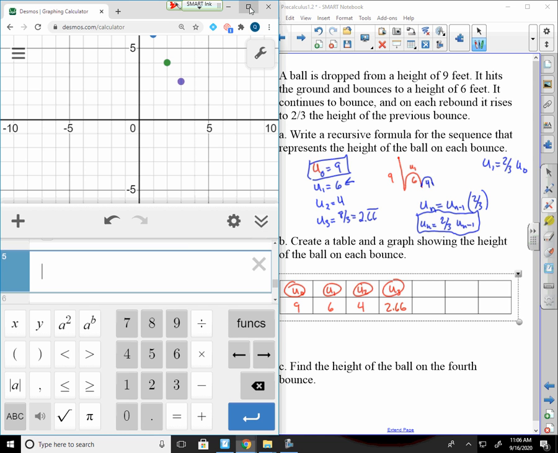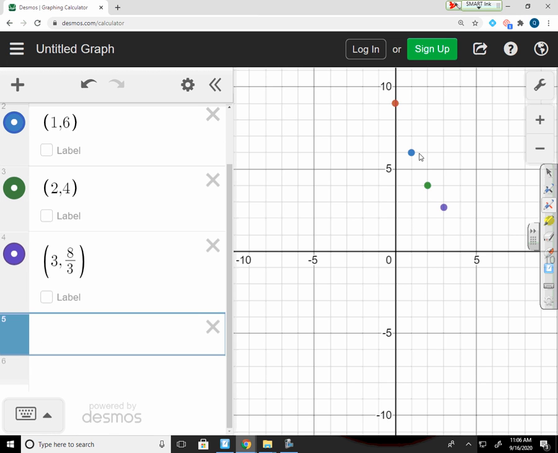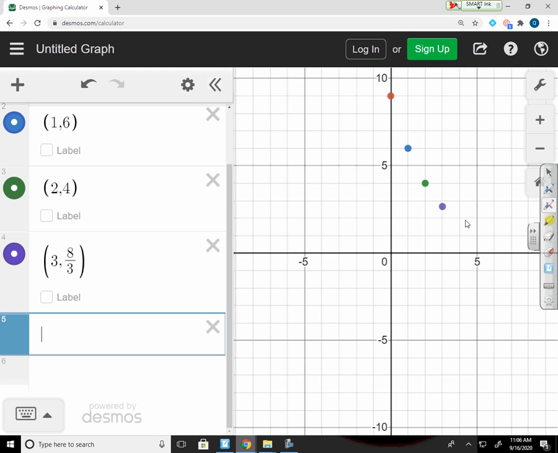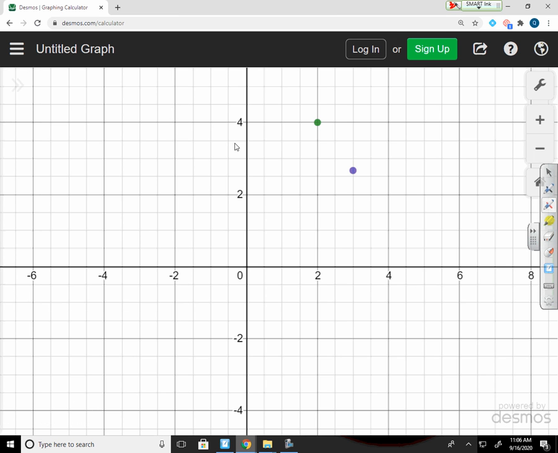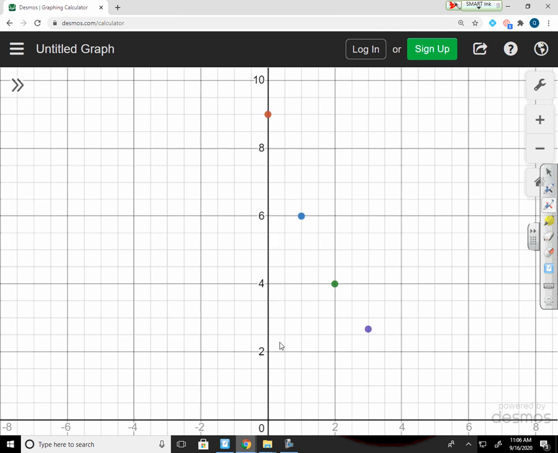So now we can look at this graph because it wants us to find the height of the ball on the fourth bounce. You can see it's kind of curving down like this. I can zoom in. I can even make my equation go away so that I can grab it and look at it better.